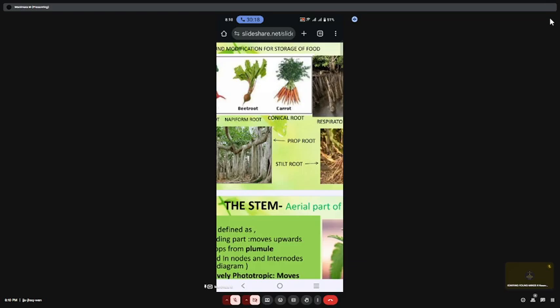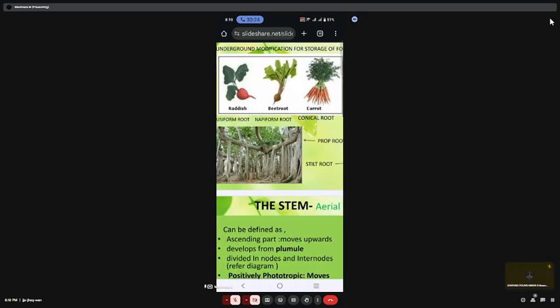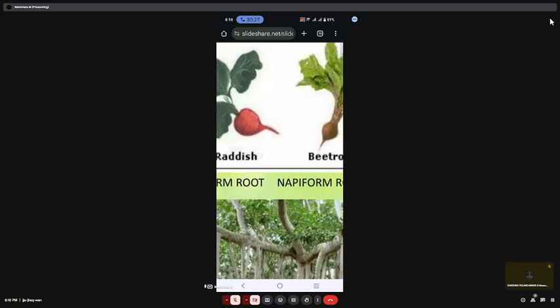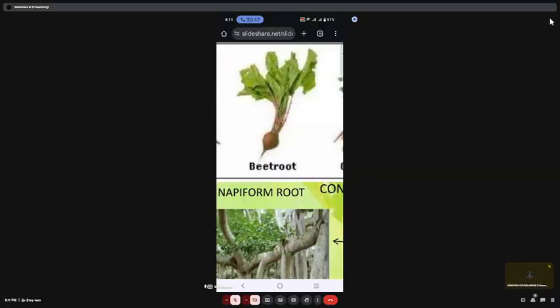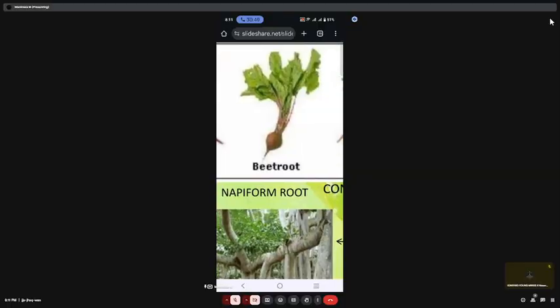Here the root is swollen at the base and highly tapering at the tip. Examples are beetroot, turnip, and sugar beet. The storage taproot is highly swollen at the base, but tapers towards the tip. Next is the conical shape.